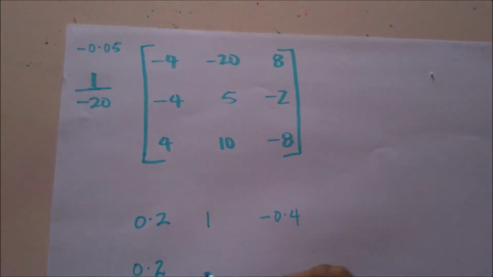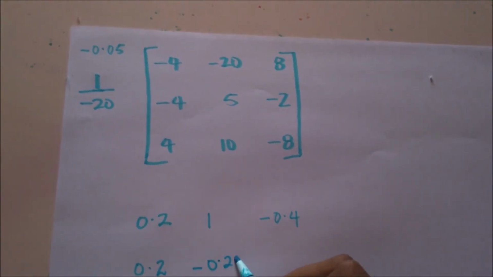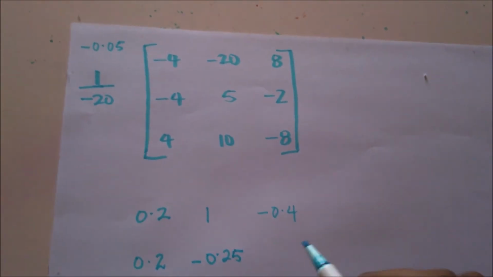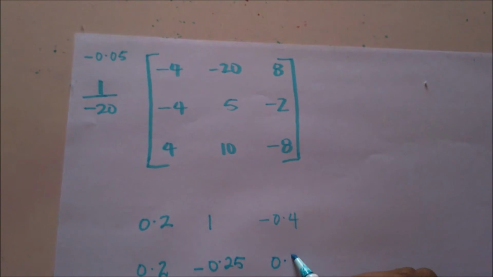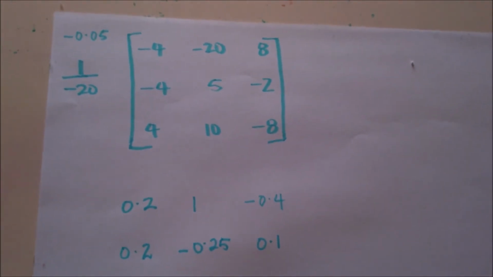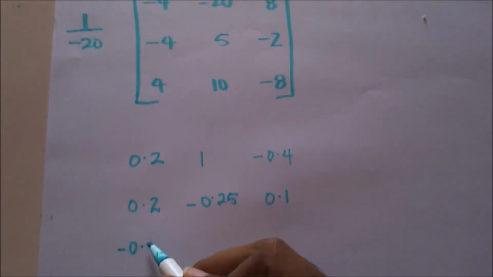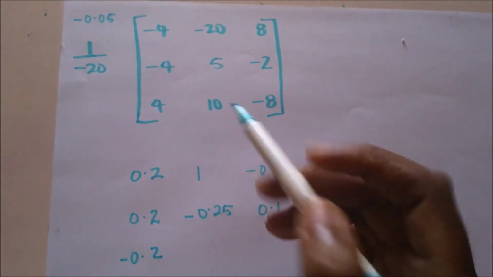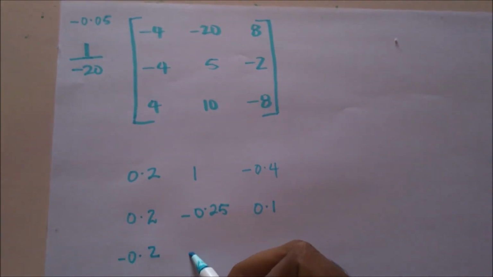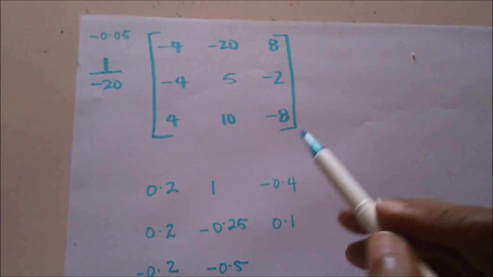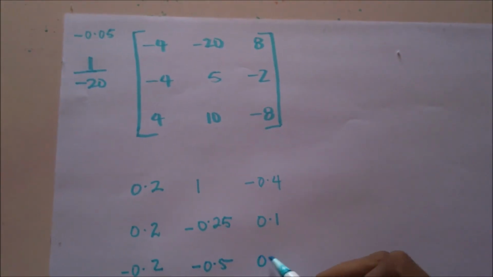Multiplied by 5 gives us -0.25. Multiplied by -2 gives us +0.1. Multiplied by +4 gives us -0.2. Multiplied by 10 gives us -0.5. And multiplied by -8 gives us +0.4.